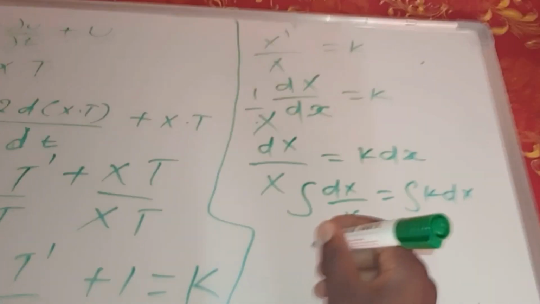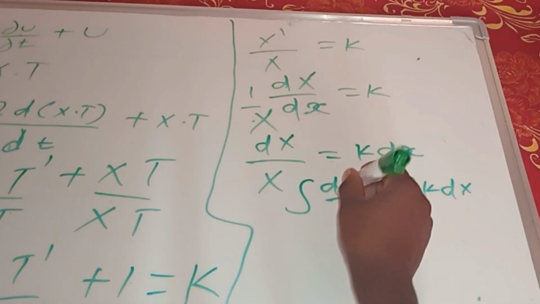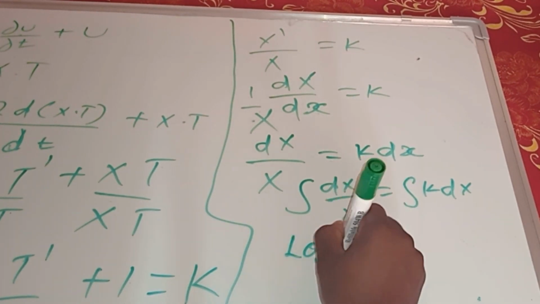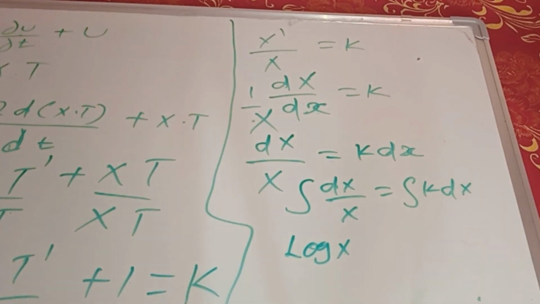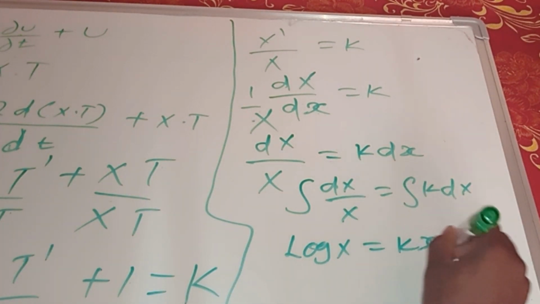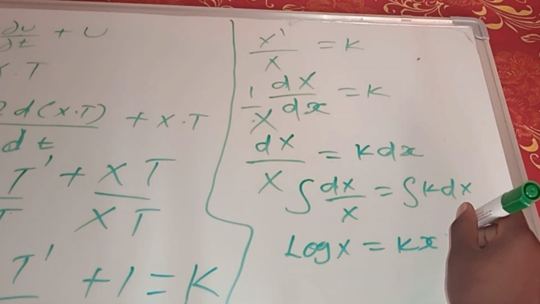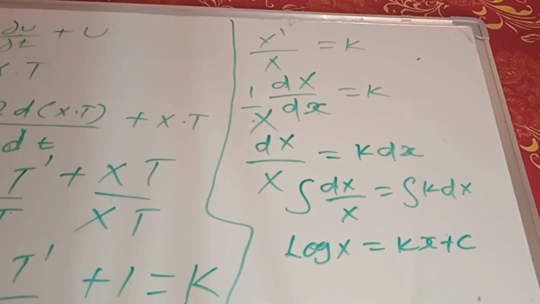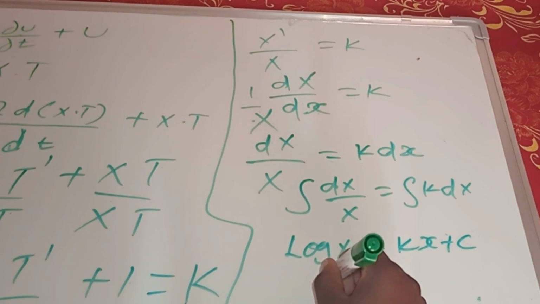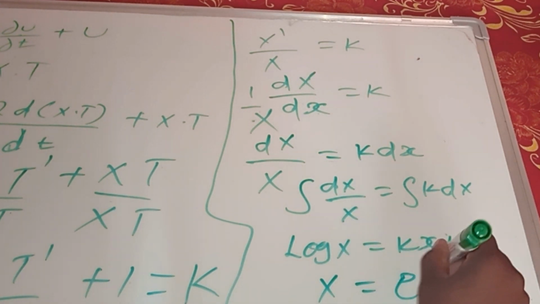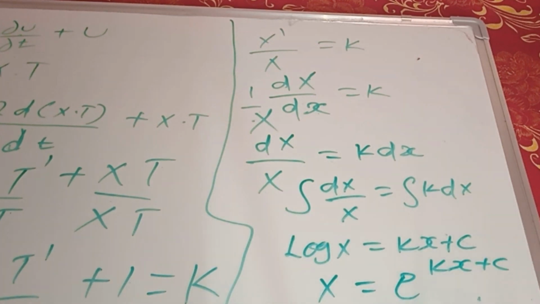Okay, so the integral of dx divided by x is log x, is equal to kx plus c, where c is now the constant of integration. So x is equal to e raised to the power kx plus c.